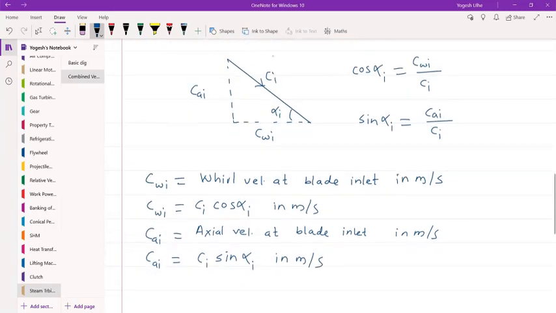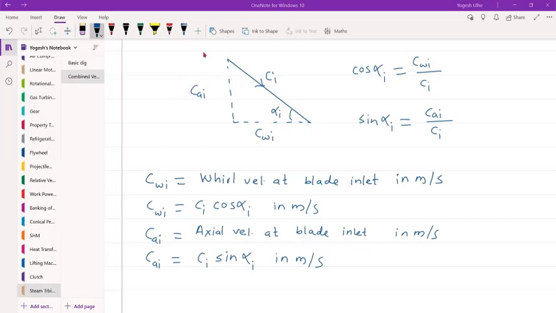So first of all, draw this drawing, everyone. It's a right angle between CWI and CAI.